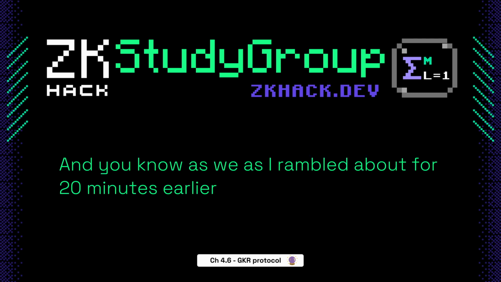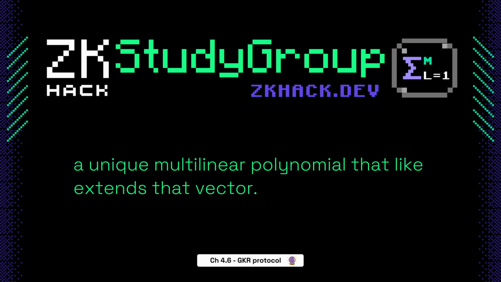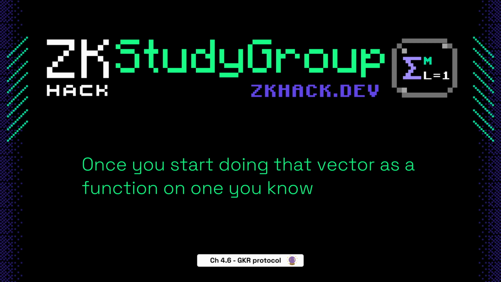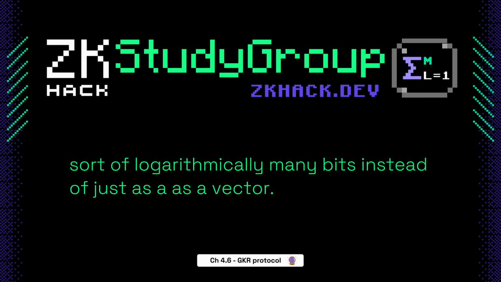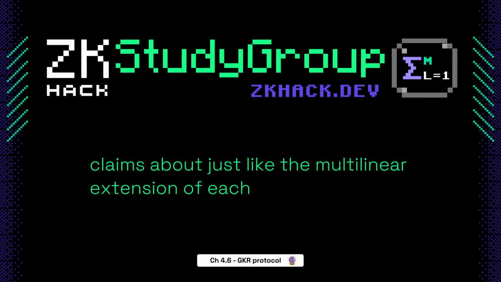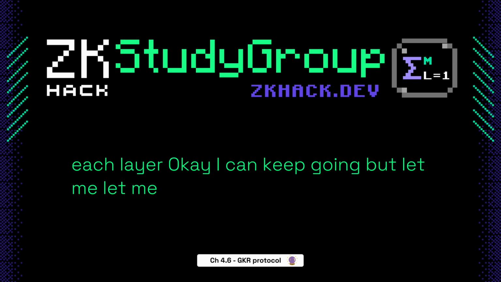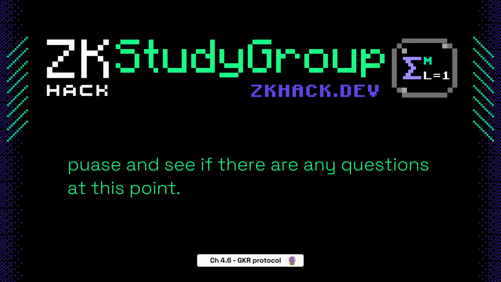And, as I rambled about for 20 minutes earlier today, given any vector of values in a field, there's a unique multilinear polynomial that extends that vector once you start viewing that vector as a function on logarithmically many bits instead of just as a vector. So the prover in the protocol winds up making claims about the multilinear extension of each of these vectors of gate values, one per layer. Okay, I can keep going, but let me pause and see if there are any questions at this point.